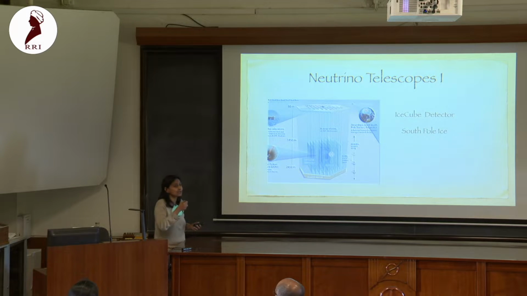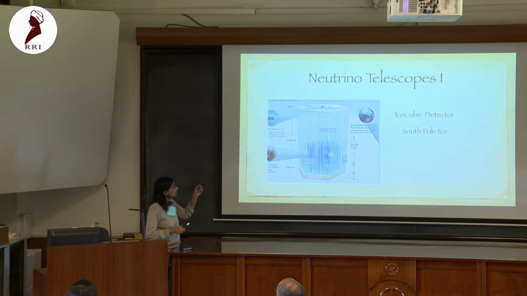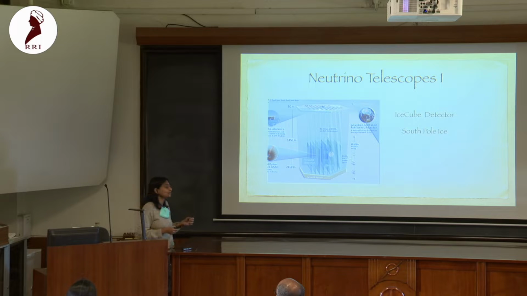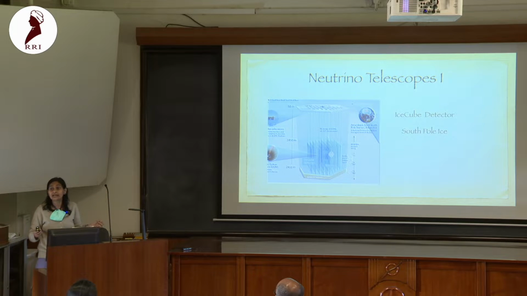The neutrinos come, penetrate the Earth, and interact in the ice, and they produce charged particles like muons and electrons. Muons leave a track, electrons produce a shower, and those particles are detected here.